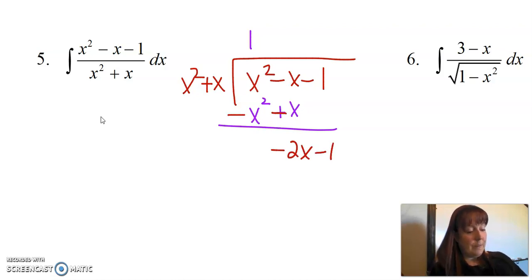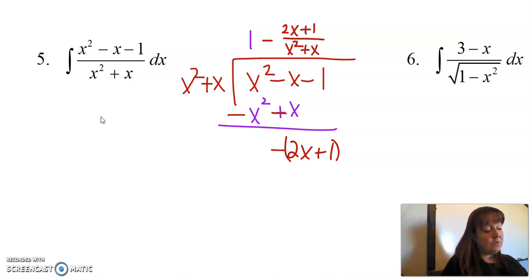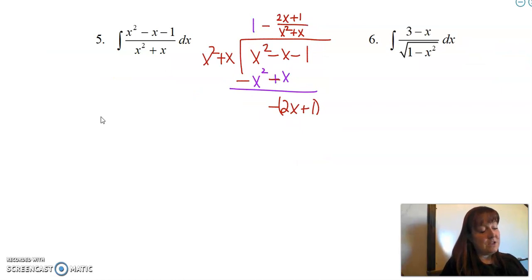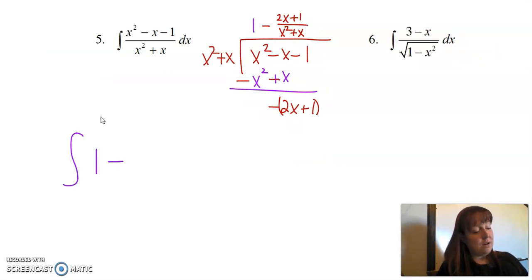And so that would be the same as minus 2x plus 1, because I just took the negative outside the parentheses. Okay, so we're going to subtract that whole thing, and then we have x squared plus x on the bottom. Okay, so now I can take the integral of this. So I have the integral of 1 minus 2x plus 1 over x squared plus x dx.